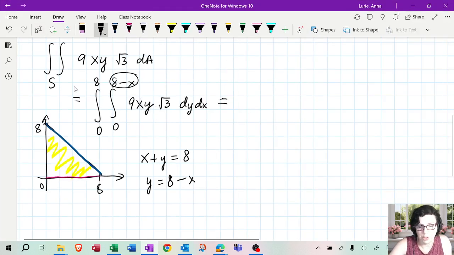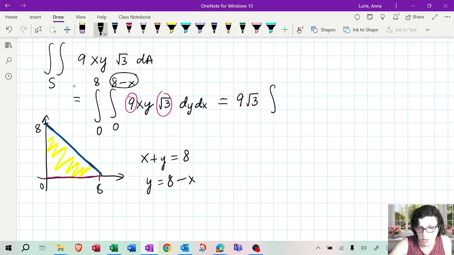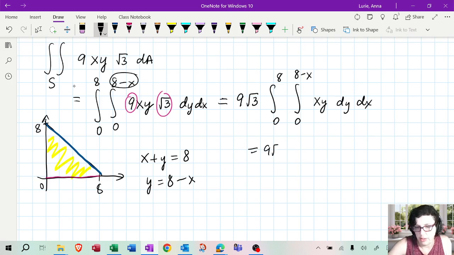Okay, so first of all, let's pull all the constants out. So we've got the 9 and the square root of 3. We can always pull them outside of the integral. And we are just integrating xy, dy dx. Okay, so first we are integrating the inside, right? And that one we're integrating with respect to y.